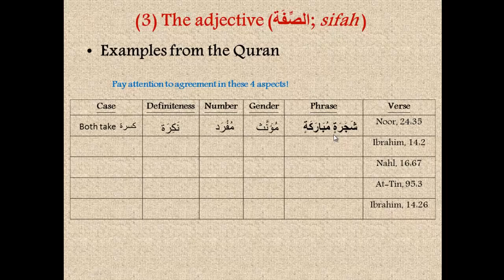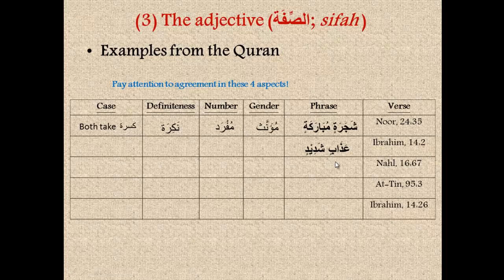Example number 2, from Surah Ibrahim, Surah number 14, verse number 2, the phrase 'adhabin shadid, 'adhabin shadidin. When we recite this verse, we end on a sukoon, but if you look carefully, you will see that there is this short vowel at the bottom, which is not read when you stop on a sukoon.